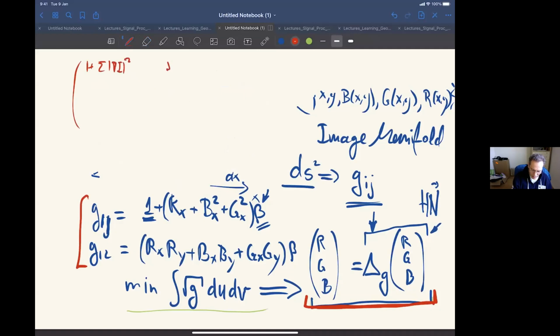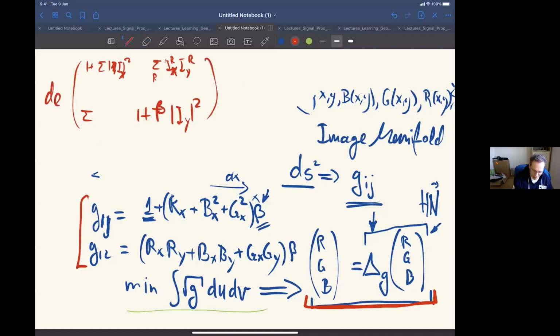Here I have I_x red, I_y red, and here I have the same. So this would be on the red, green, and blue. And here I have the same, and here I have, so this was for I_x, and here I have the same 1 plus the beta times I_y squared, okay?